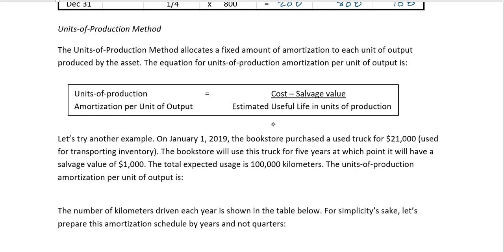So let's set the formula up again. Historical cost is 21,000. Expected salvage value is 1,000. So we have one estimate up here and one real number. At the bottom we have an estimate of 100,000 kilometers.